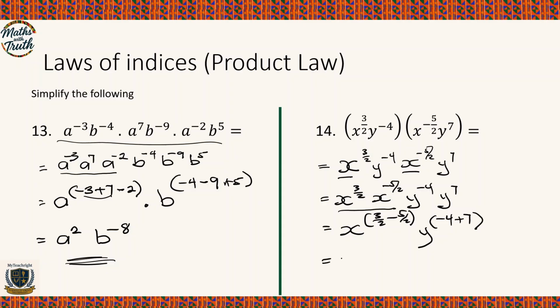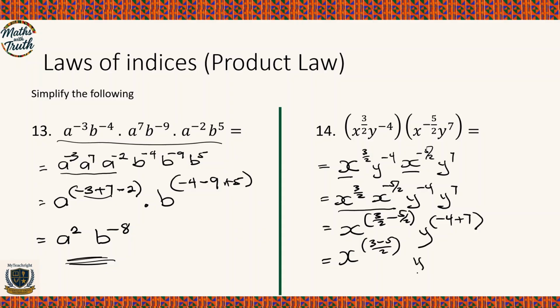And then we simplify. Here, since we have a negative, let me just write this. This is 3 minus 5 all over 2. Because the denominators are equal, we just have to subtract the numerators.